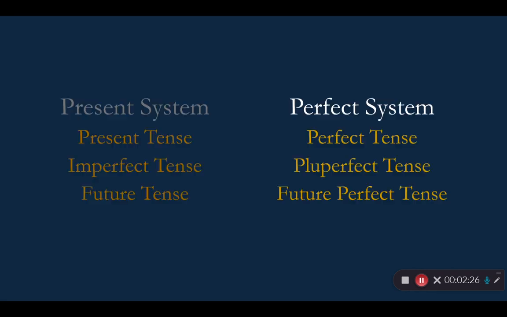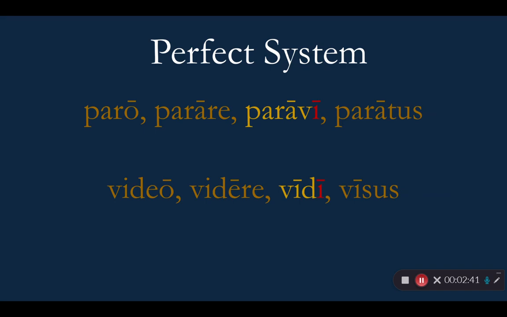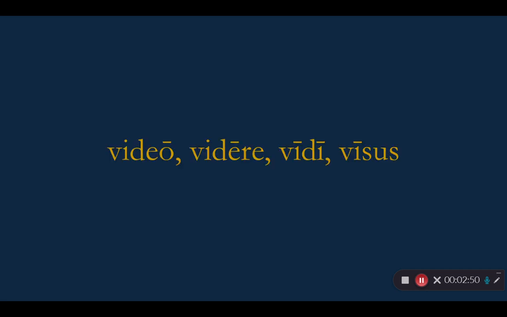Remember, the perfect system consists of 3 tenses: the perfect, the pluperfect, and the future perfect. To form the perfect tense of any verb, remember any verb at all, first find the perfect stem by going to the third principal part and taking off the long I. So for the verb video, videre, vidi, visus, the third principal part is vidi.